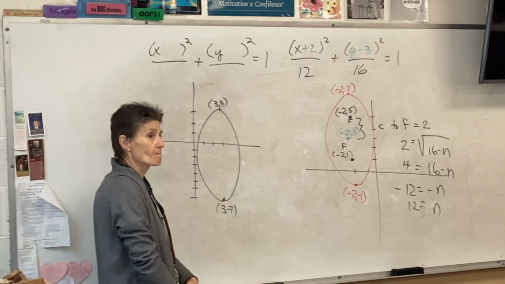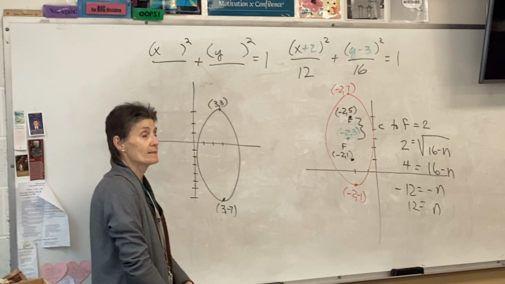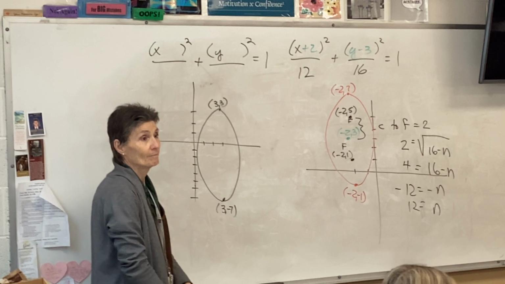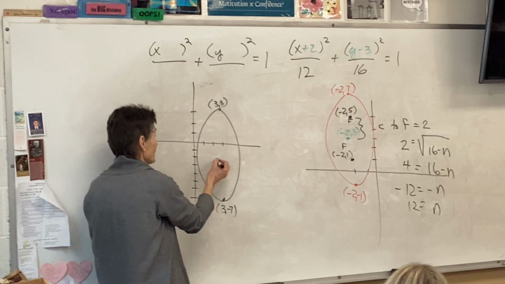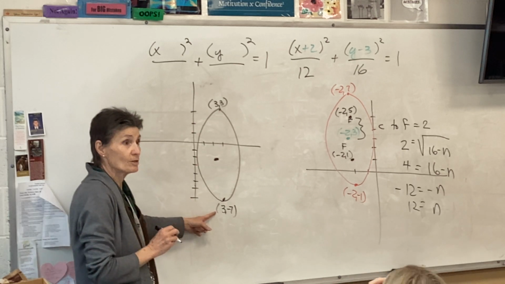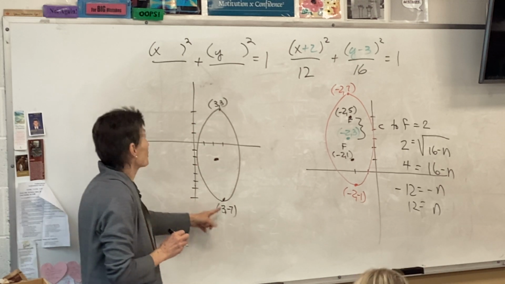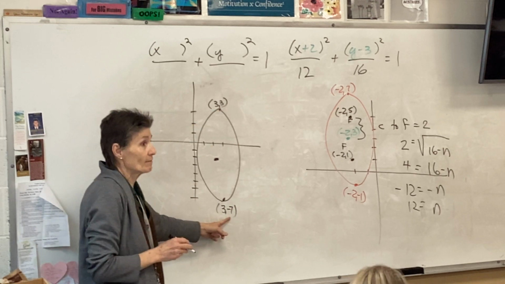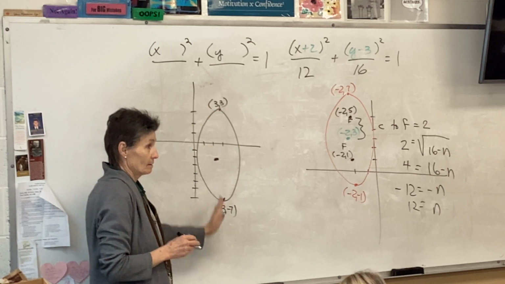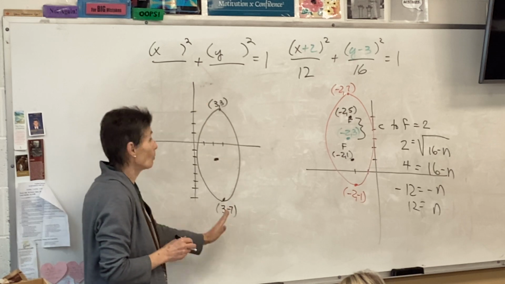Yes. What does it tell me? It tells me where the center is, because I know the center is going to be right in the middle of these two. We have to average. So we're gonna average 3 and negative 7. The y's. We're gonna average the y's.